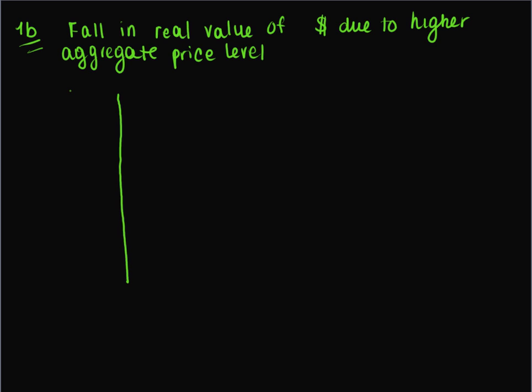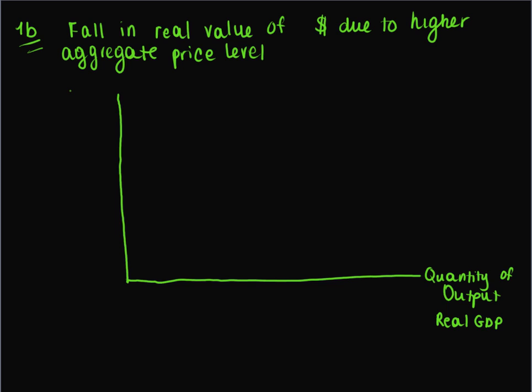So here on the horizontal axis, I have the quantity of my economy's output, that I measure using real GDP, and I denote this as Y. And on the vertical axis, I have the price level, which I denote with P. And here I'm going to use the GDP deflator.